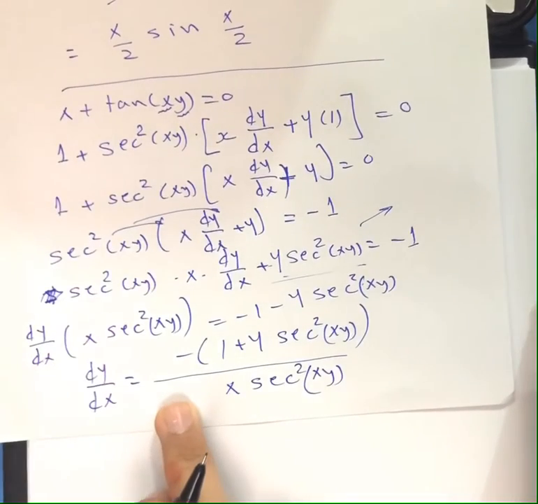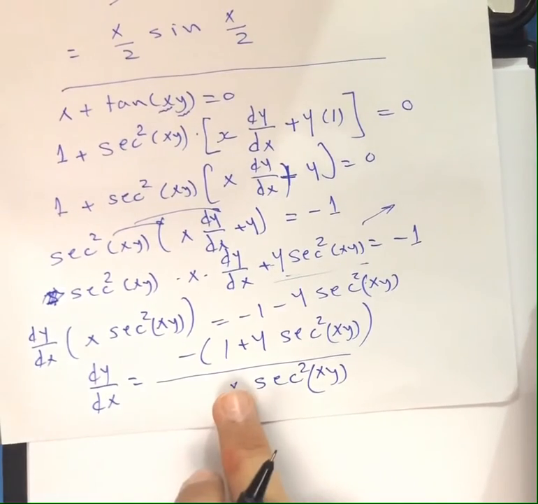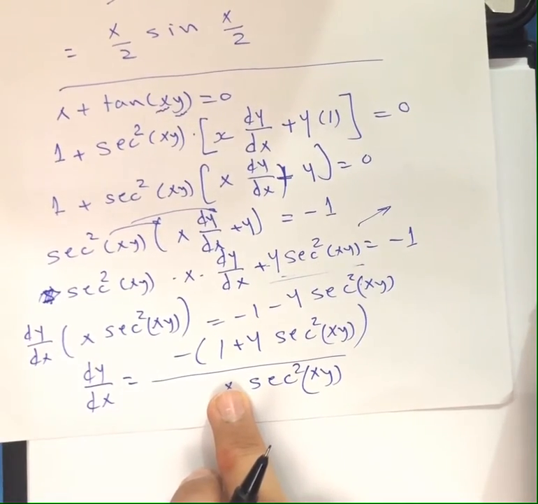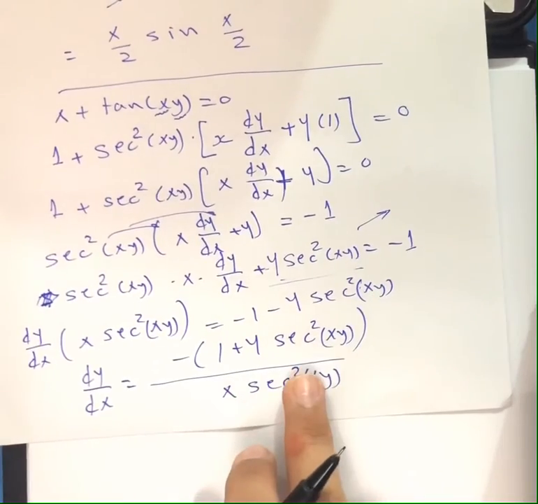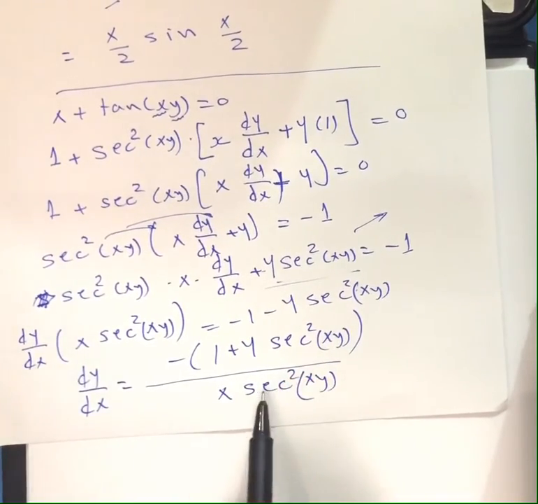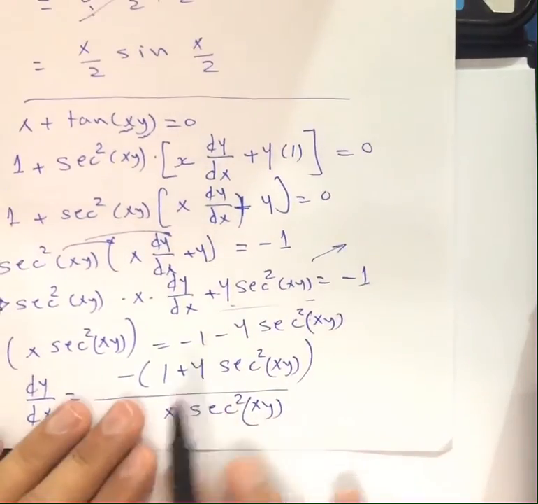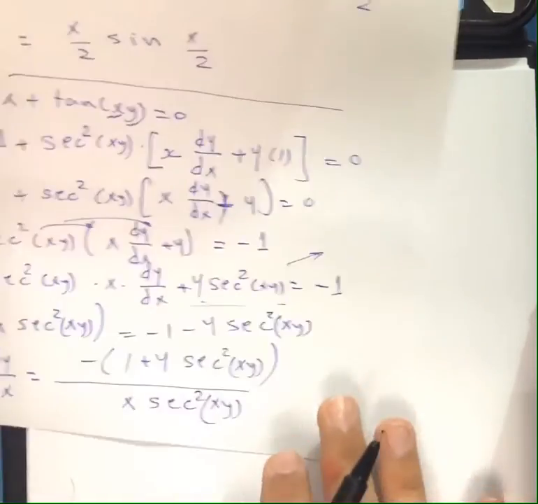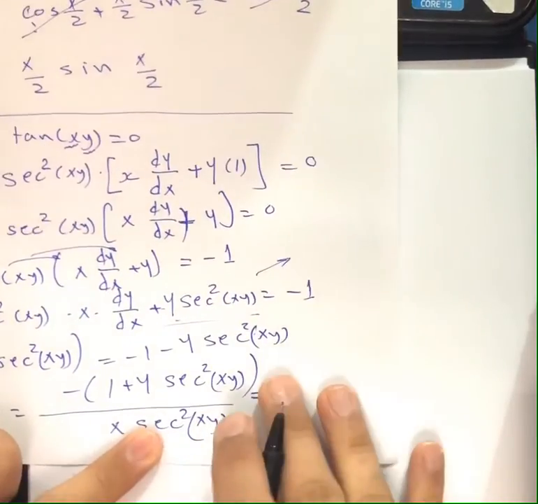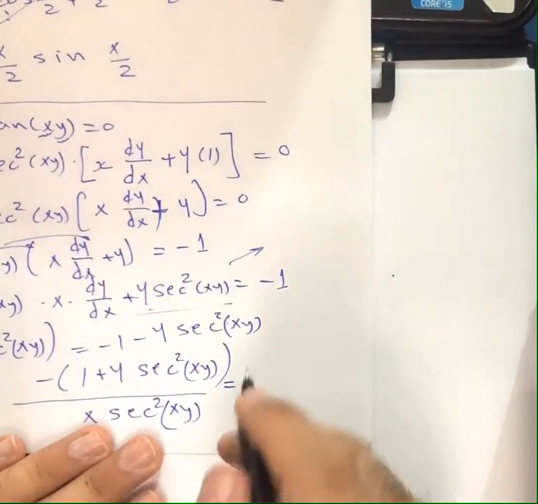In this way we find the derivative dy by dx using the implicit techniques. And in this way also we can do more simplification till we get the answer for dy by dx.